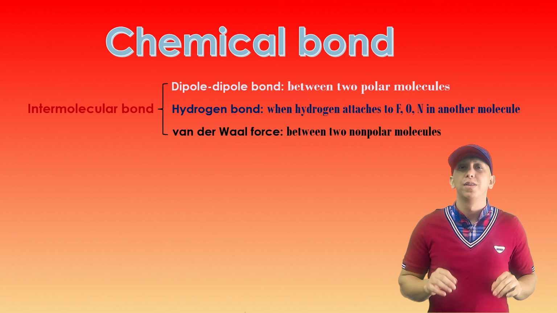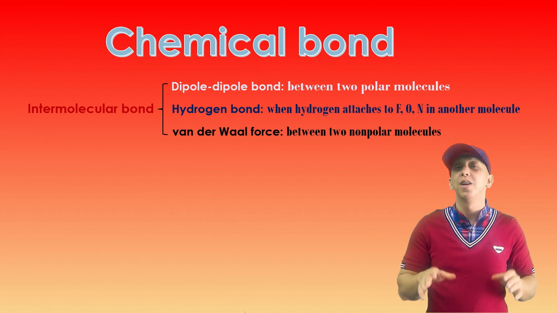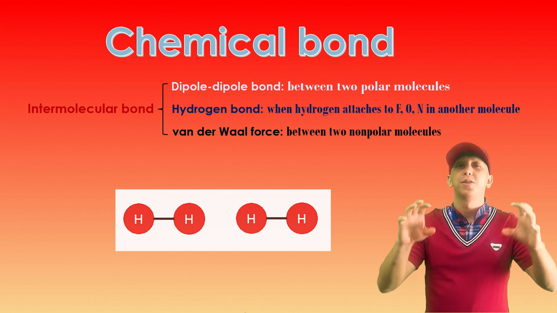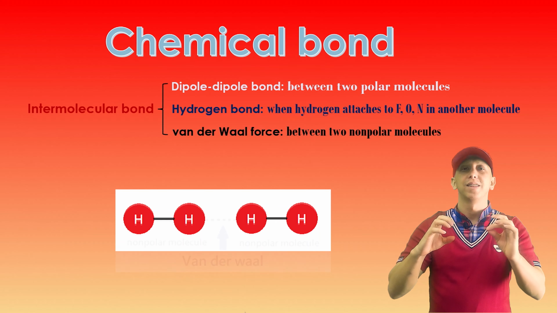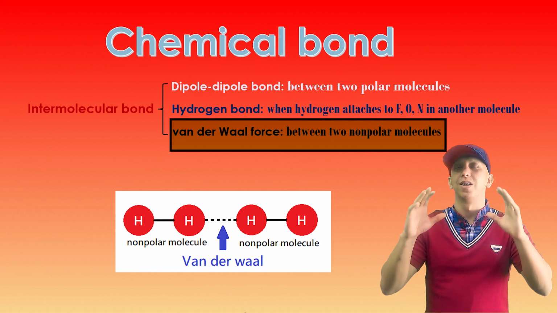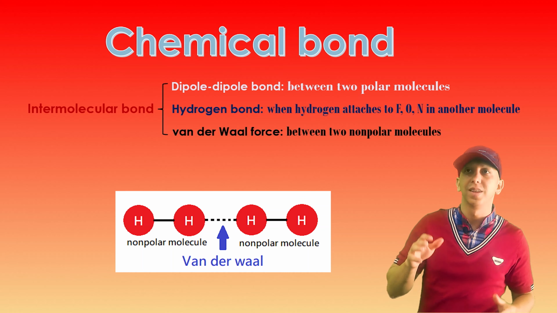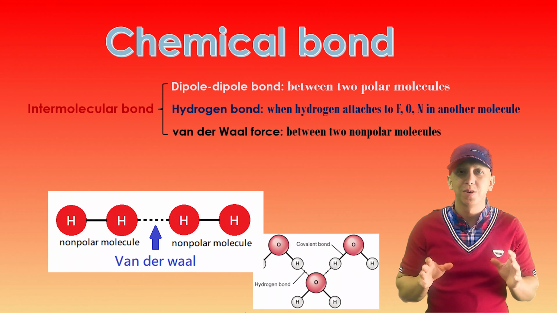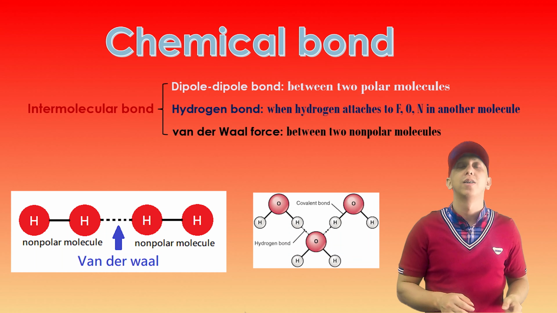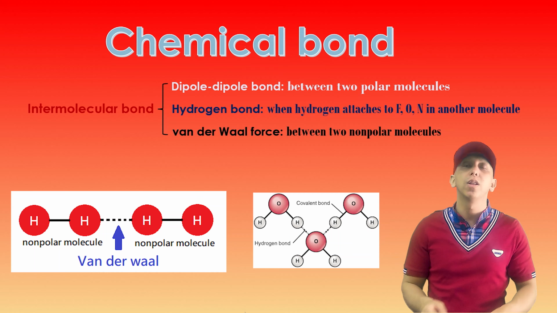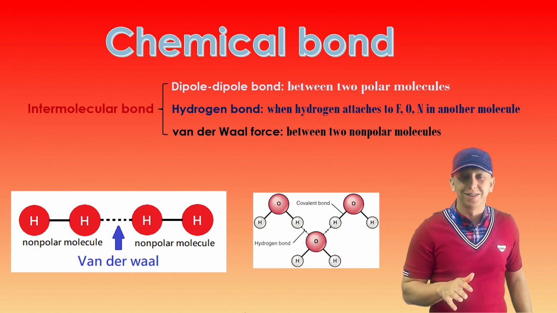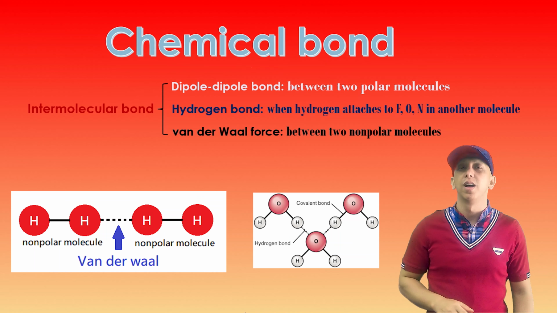For example, when we talk about H2, it is a non-polar molecule. So when we wanna attach two H2 to each other, the bond that connects these two H2 is a non-polar molecular bond. On the other hand, the bond between two water molecules is a polar bond because both of the molecules are polar. I will talk about the polar molecules more when I talk about Lewis structure, and you will understand it better in that lesson.